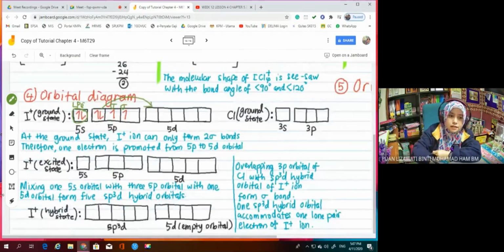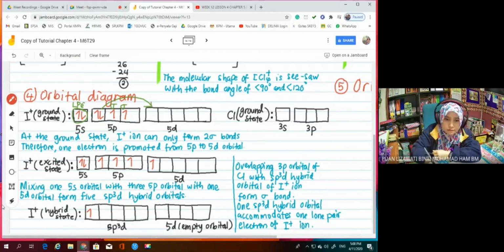Now this is the sample of explanation that you can write. We can mention I plus ion can form only 2 sigma bonds, and then one electron is promoted from 5p to 5d in order to form the excited state. At the excited state, there is 1 paired electron to represent the lone pair, and the other 4 are single electrons. However, the excited state is unstable, so we have to mix one 5s orbital with 3 5p orbitals and 1 5d orbital in order to form 5 sp3d hybrid orbitals.